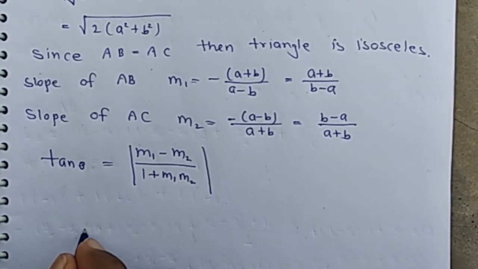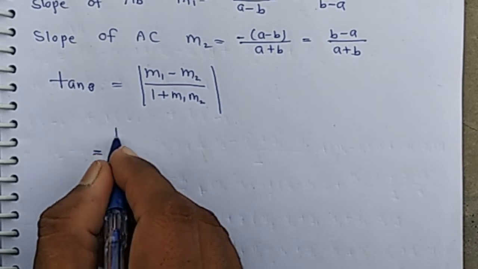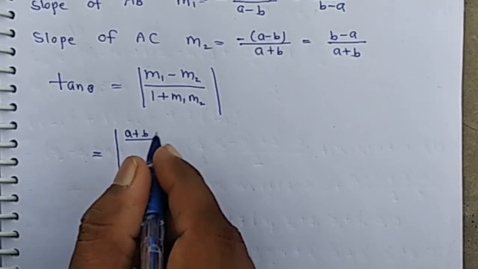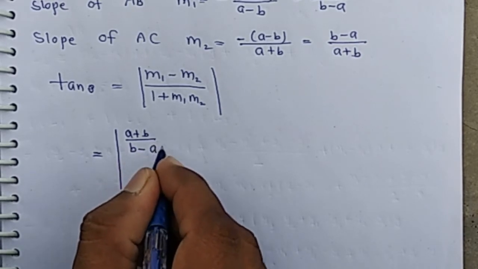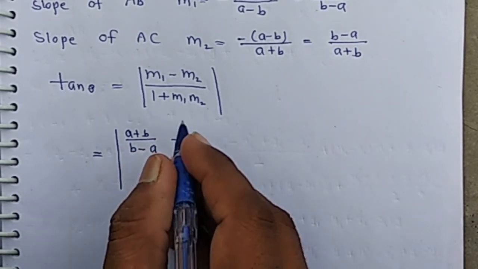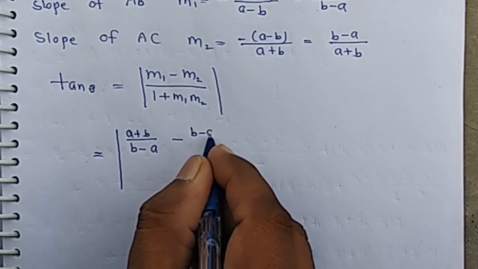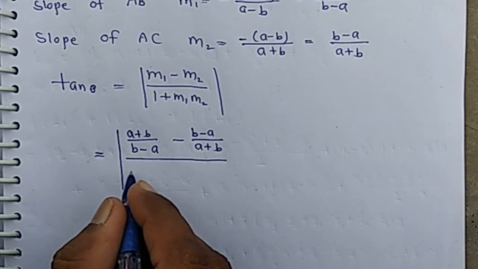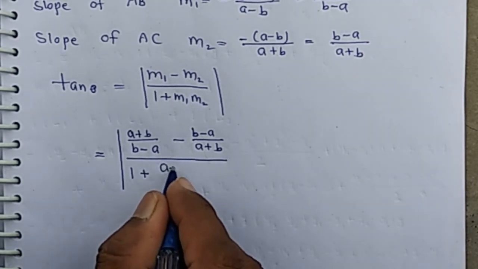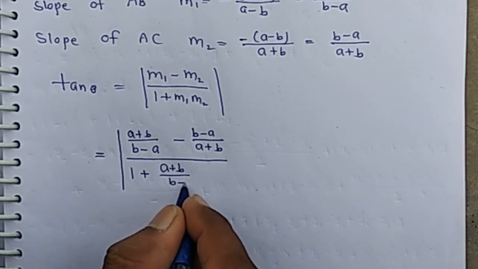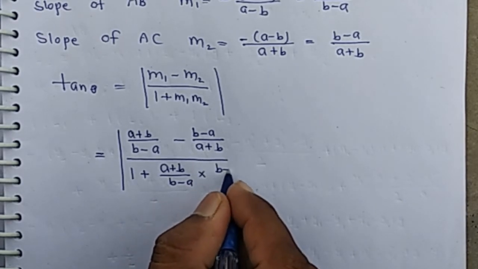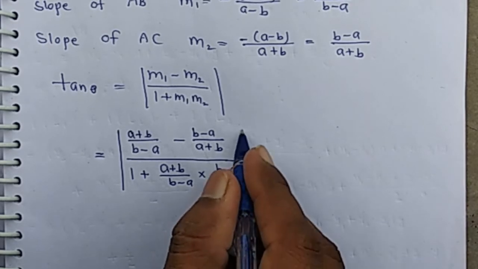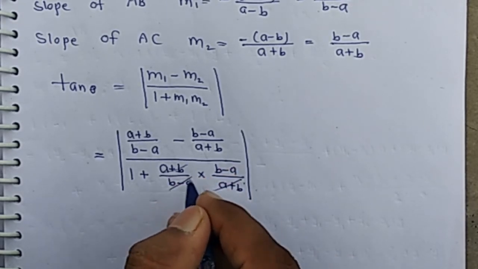We have m1 is (a plus b) by (b minus a), and m2 is the other slope. One plus m1 into m2: a plus b and b minus a cancel out.